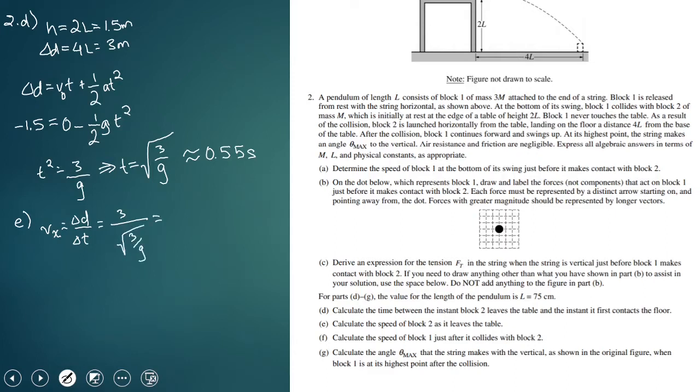So when we simplify this, we get 3 square root g over the square root of 3, which is equal to root 3g, I believe. And so solving, I get square root of 30, which is 5.47. Sorry, meters per second.